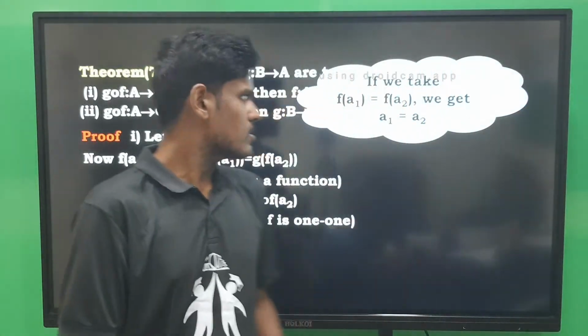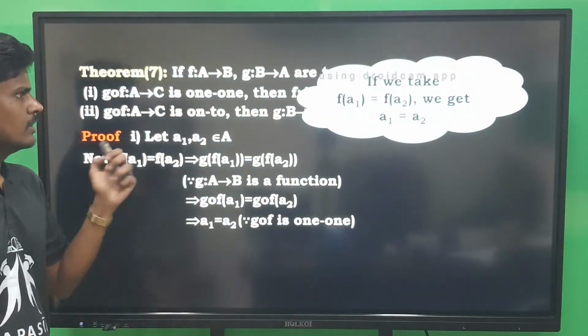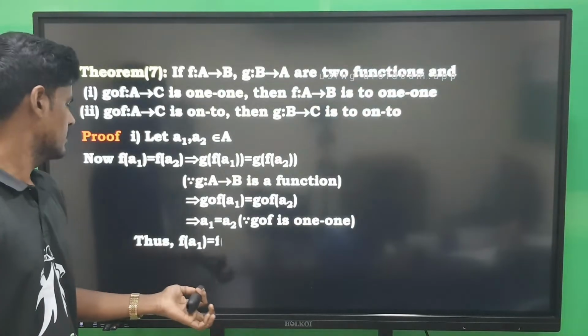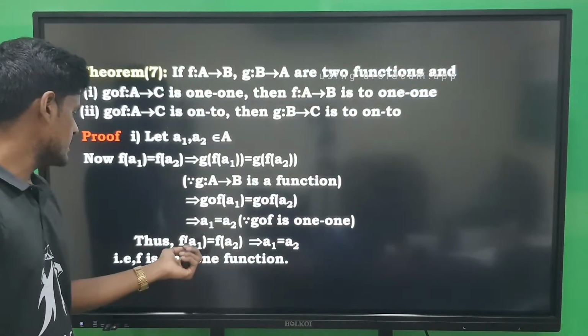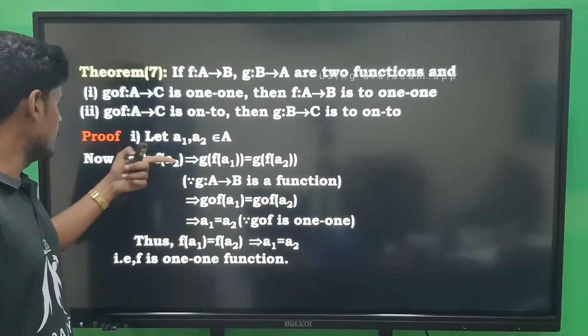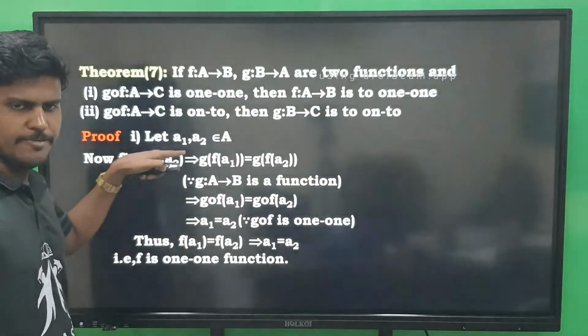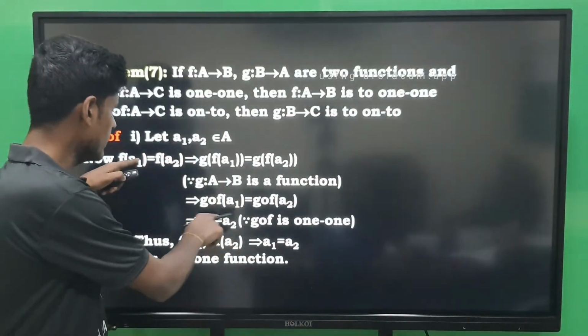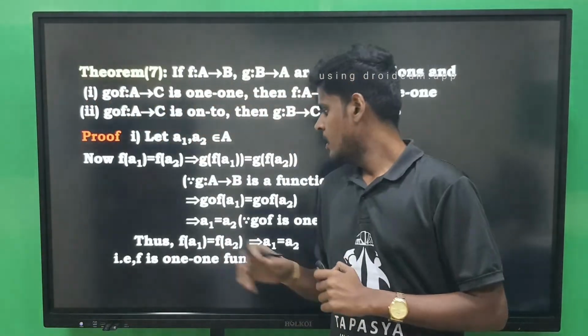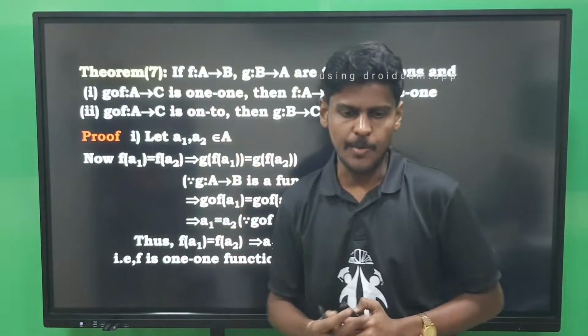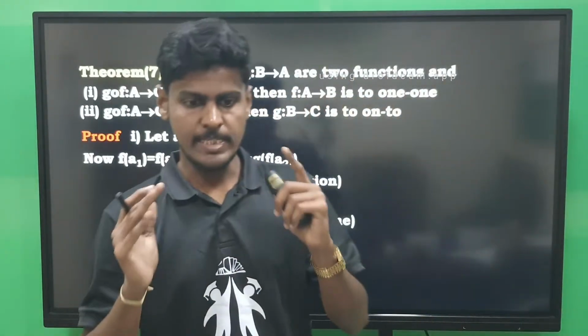Okay, next. As F of A1 equal to F of A2, we have taken this condition, which gives us the output A1 equal to A2, which means F is also a 1 to 1 function. I think this is clear.